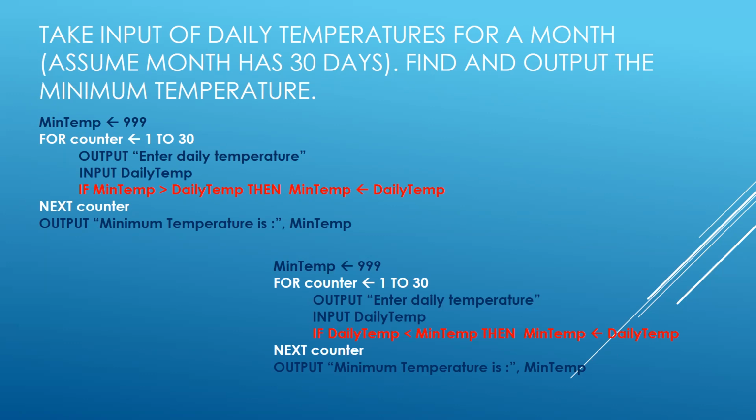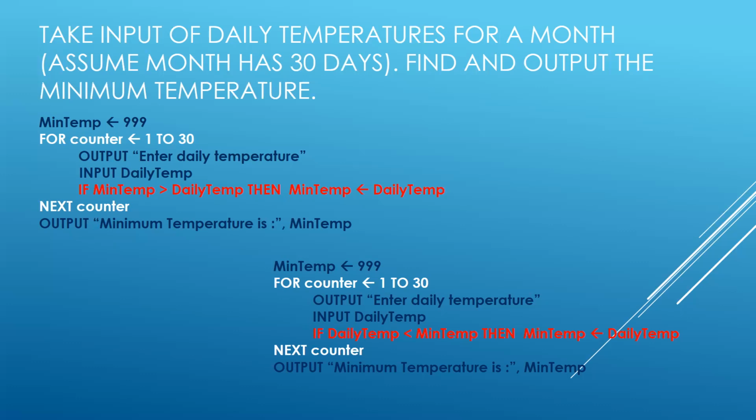Again, you can see the change of positions has resulted in the change of the symbol also. So daily temp is less than the minimum temperature. Again, if I take the same example, 10 is less than 999. Condition true. So minimum temperature will be storing the newer value, that is no more 999, but 10, which is given as input by the user.